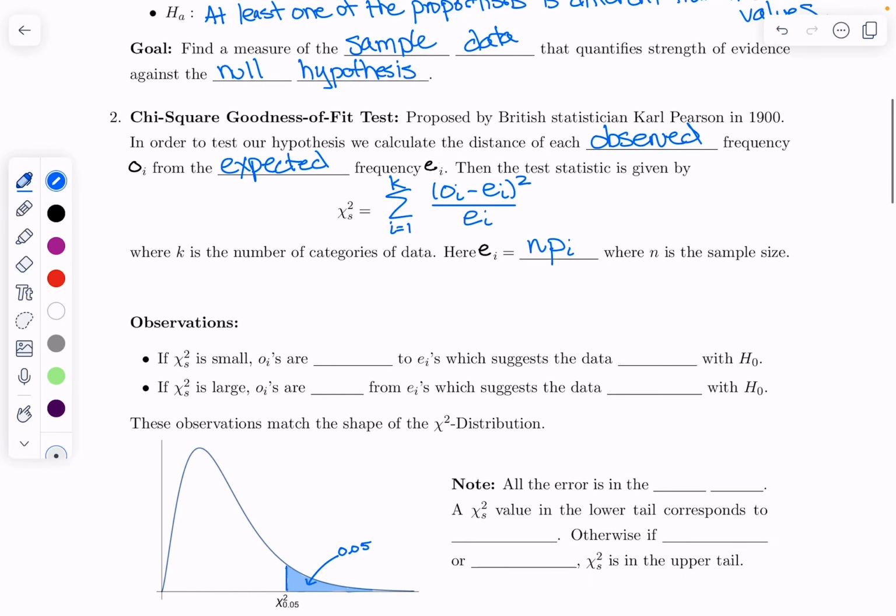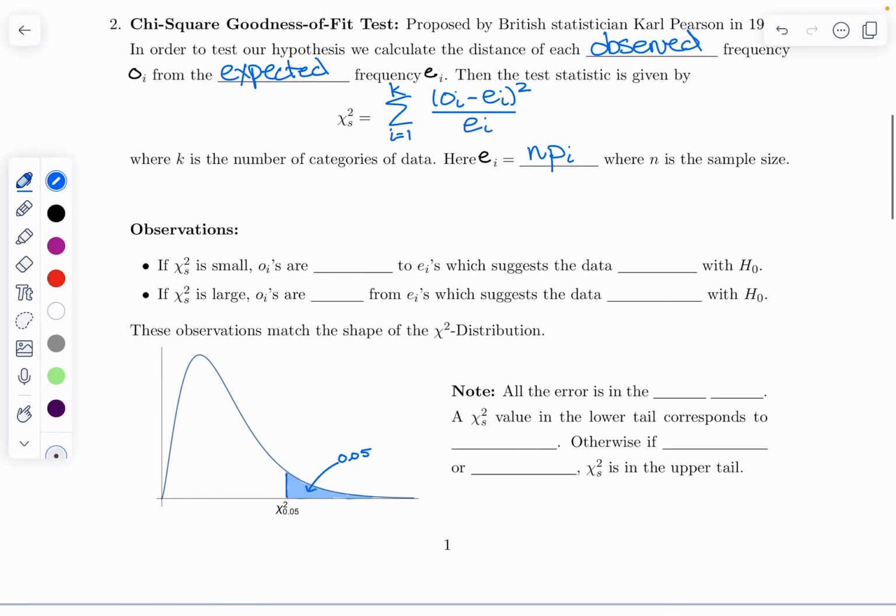So let's look at some observations about the chi-squared statistic. If chi-squared is small, the observed frequencies are going to be close to the expected frequencies, and that suggests that the data agree with the null hypothesis. So if O_i is close to E_i, we'll get a small chi-squared statistic that agrees with the null hypothesis.